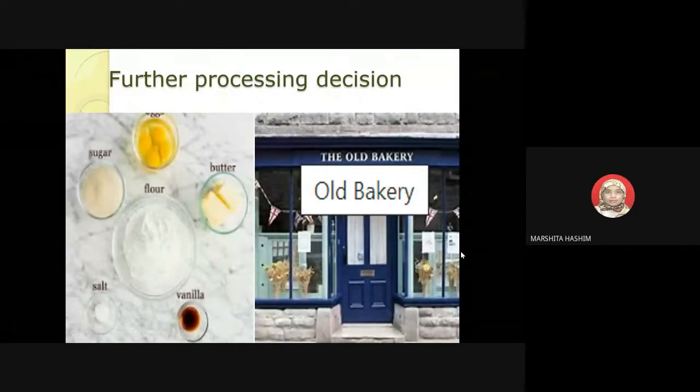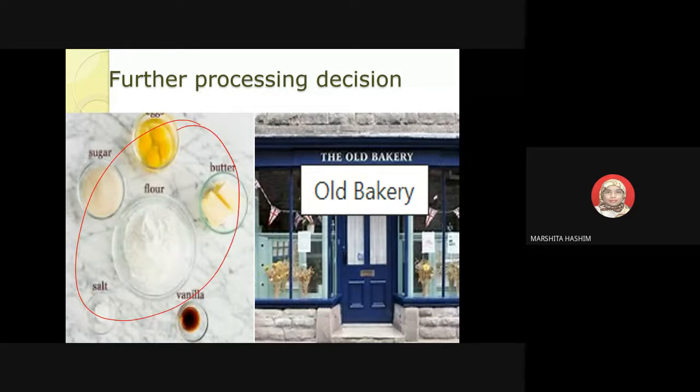All right, so today we will do one more issue relating to this topic, regarding further processing decisions. Let's say we have a bakery where we produce and sell cakes. To produce and sell cakes, you mix all these ingredients and then you sell, let's say, simple cakes.